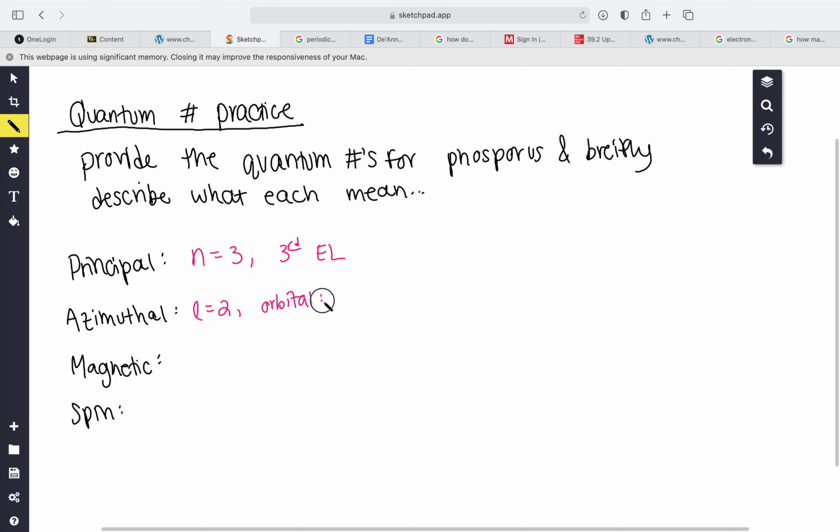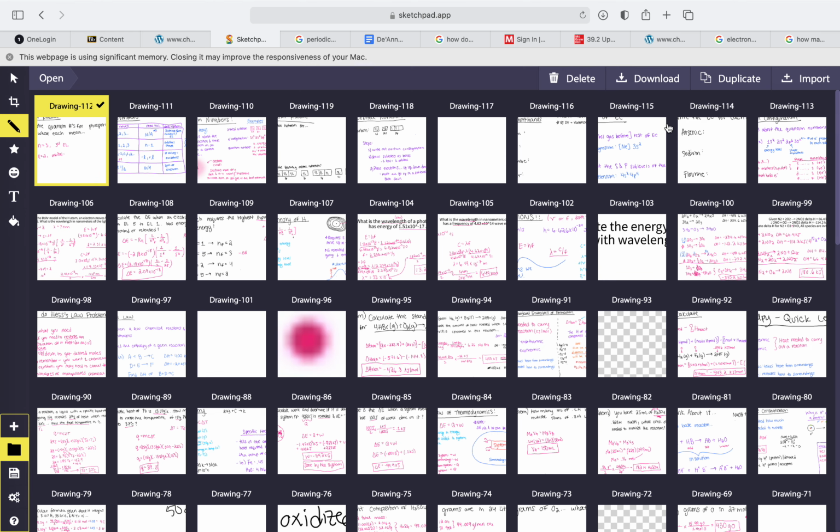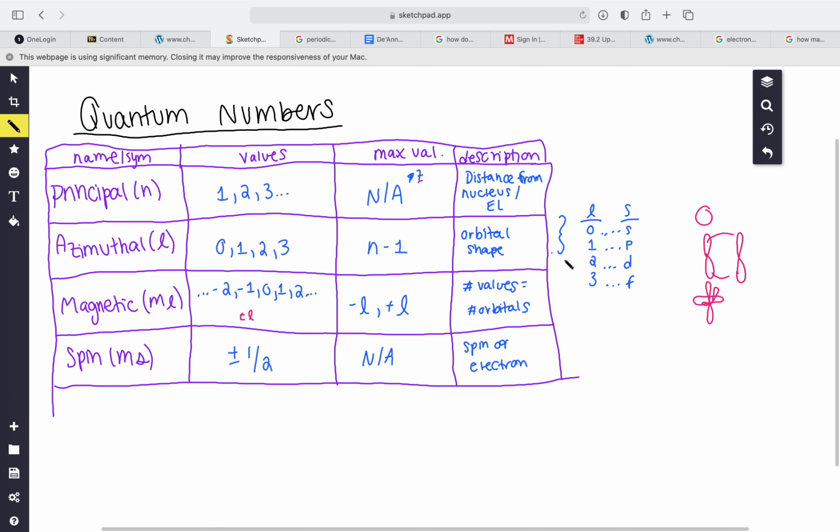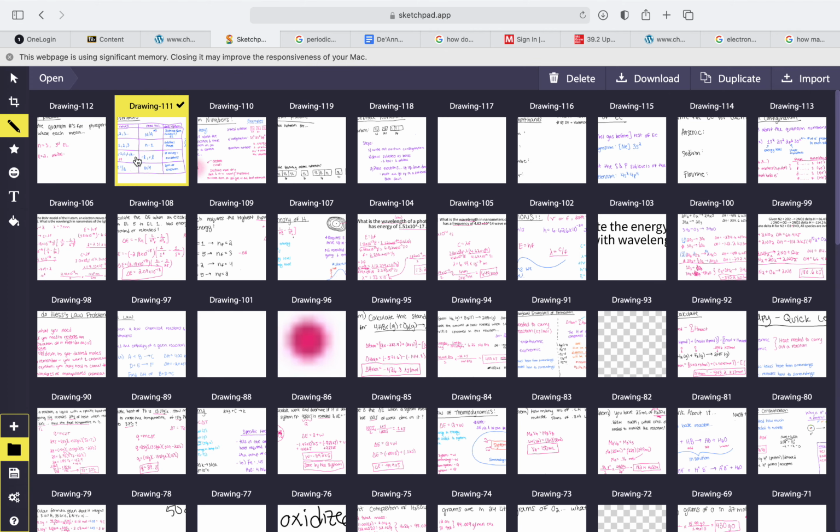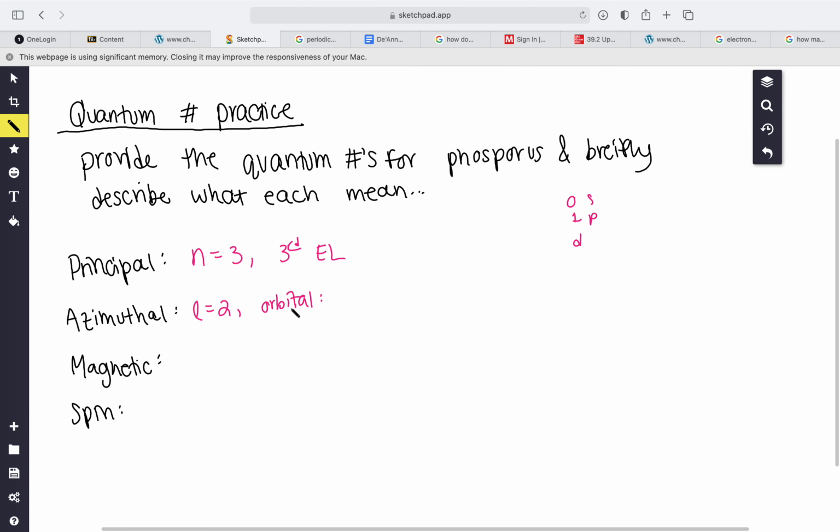So we know that 0 is S, 1 is P. And hang on, let me check this real quick. Interesting that it would say it's in the D, because it's not in the D orbital. But according to that number, that does mean that it's in the D orbital.